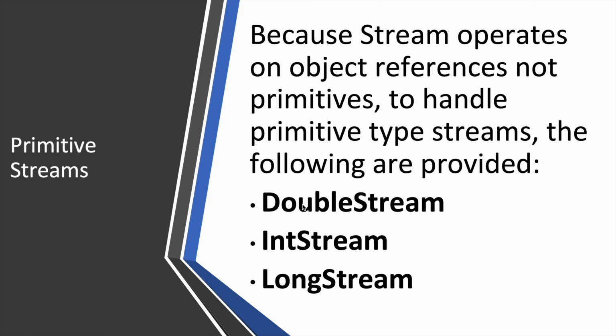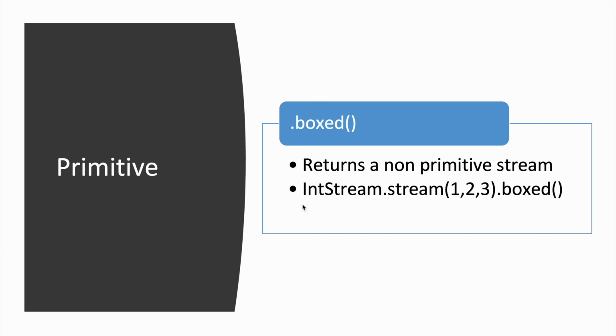Now we also have the primitive streams. The reason is that the stream operates on object references, not primitives. To handle primitive type streams, the following are provided: DoubleStream, IntStream, LongStream.